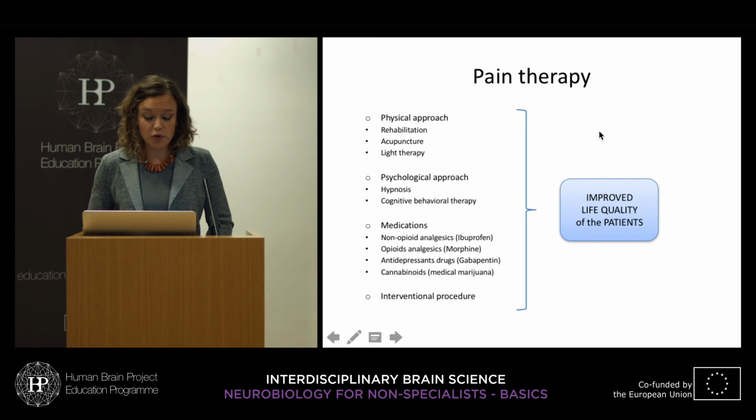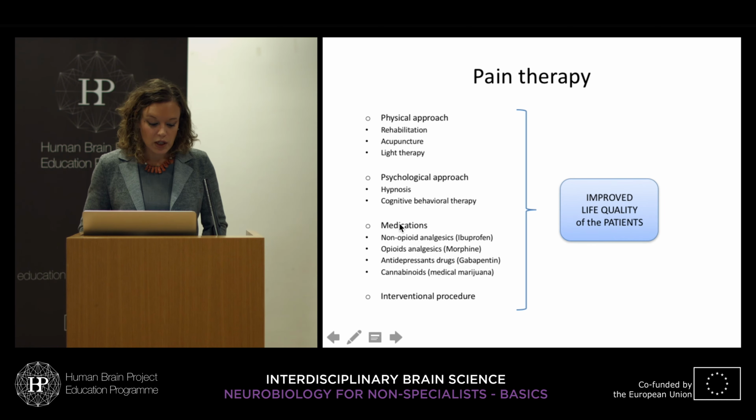There are obviously pain therapies which help to improve the quality of life of patients, and these are really important. But to reach this point, it was important to study nociception and pain perception. There are different approaches, as you can see here in the slide: physical approaches, like rehabilitation or neurostimulation therapy, or psychological approaches like cognitive behavioral therapy.